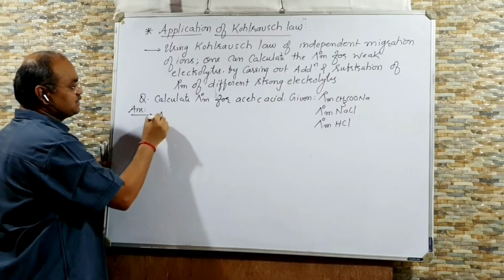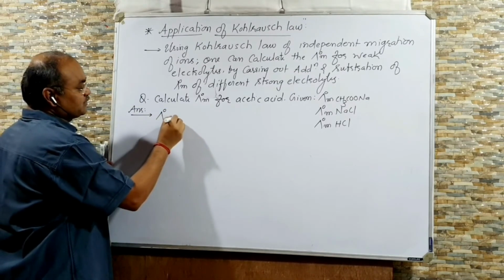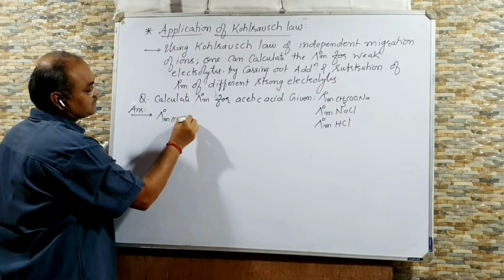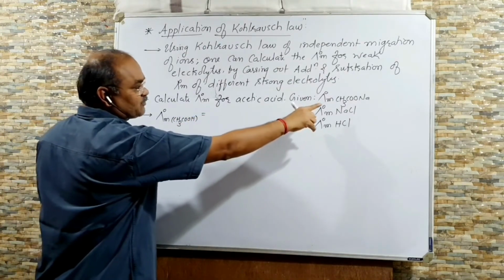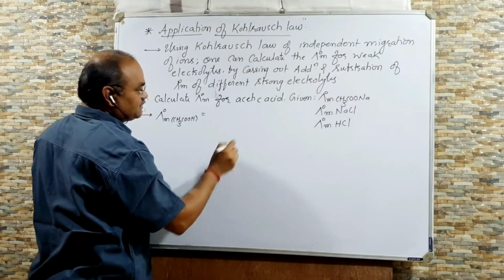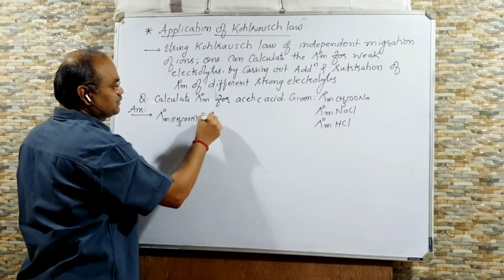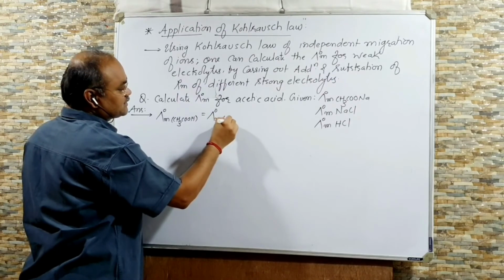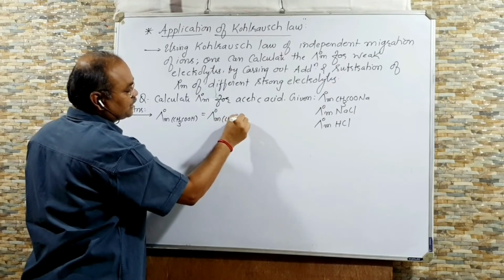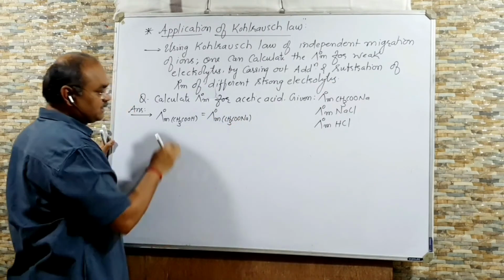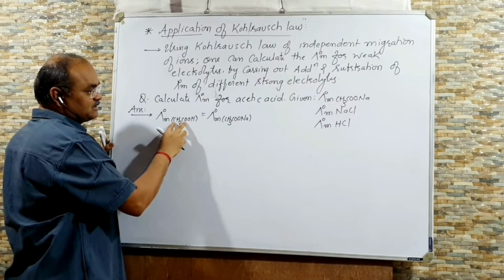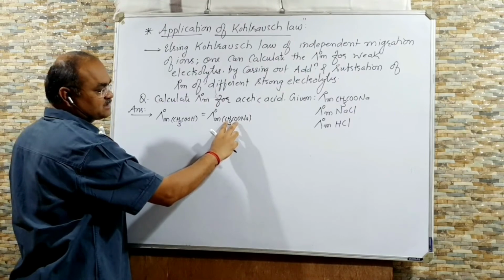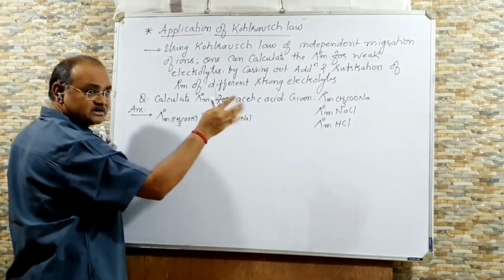I want lambda 0 m for acetic acid. So I will use these 3, and add and subtract. First lambda 0 m CH3COONa, because I want CH3COOH. Here there is CH3COO, so I have to cancel Na.